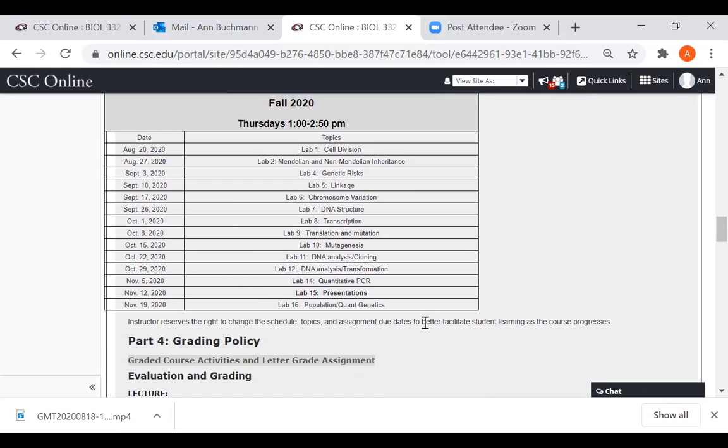Lab is designed to go along with lecture, and the way that this works is if you fail the lecture, you also fail the lab, and vice versa. So please take it seriously. You shouldn't fail either one of them if you come to class, do everything that's required, and then study for the tests. But if you do find yourself being in trouble, please let me know early so that we can figure out what's going on.